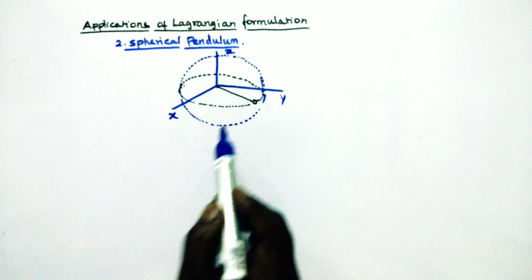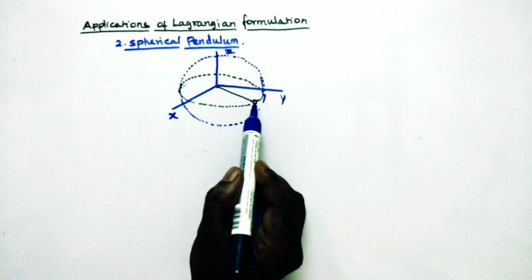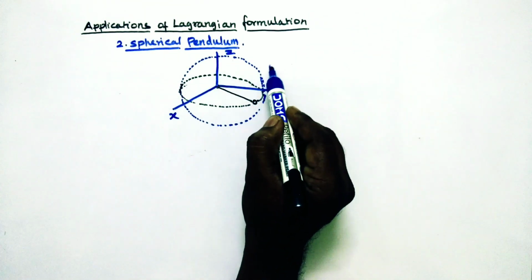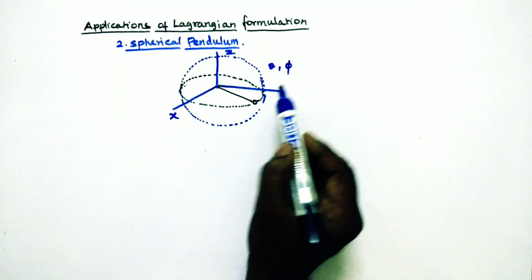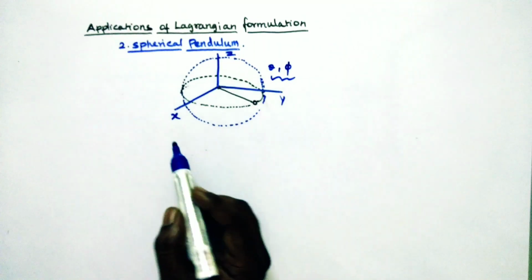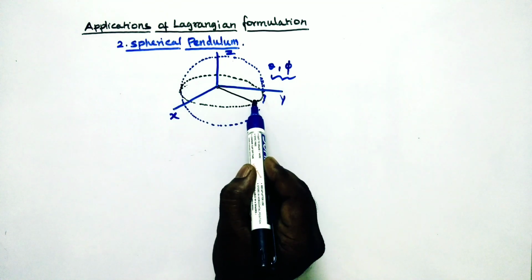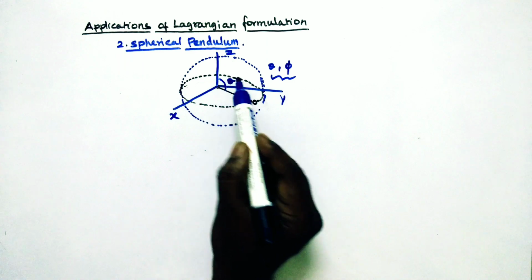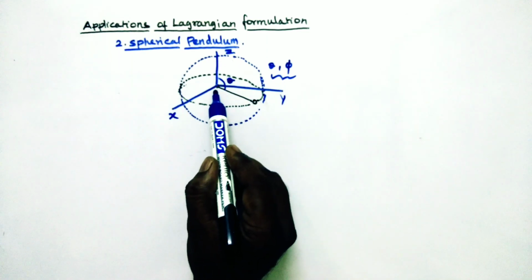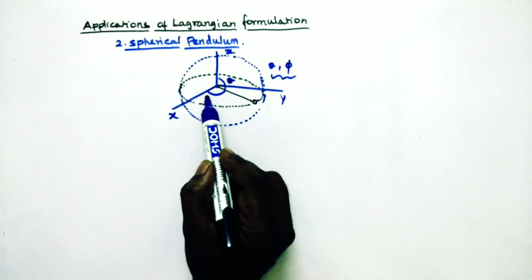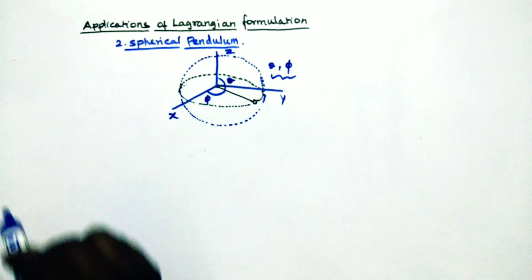Therefore, two coordinates are involved with the motion of the particle, theta and phi. Those are spherical coordinates, which we already know. This particle makes an angle theta with the z axis, and the same particle makes an angle phi with the x axis.